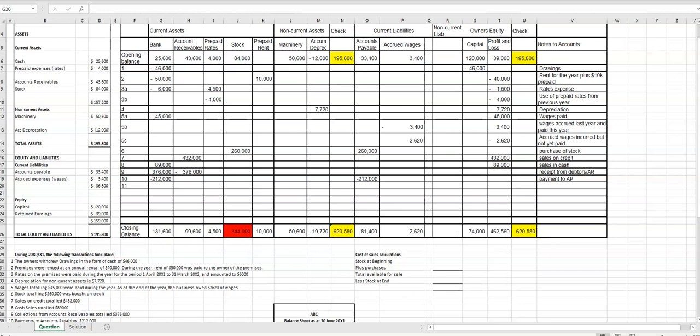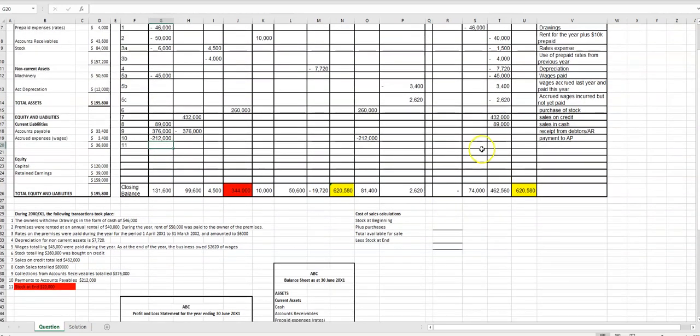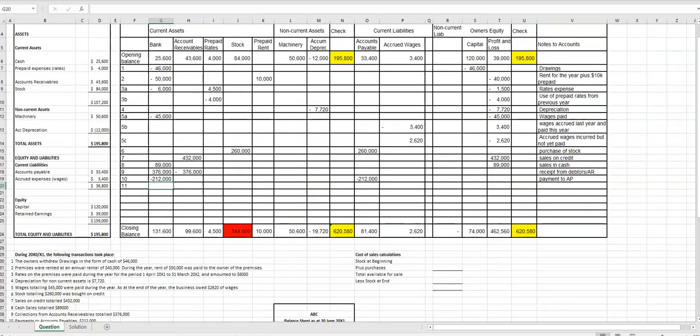Now we're told that stock at the end is $20,000. And let me just scroll up a fraction more, see if I can get it to fit in our screen. So we've got stock at end is $20,000. This requires us to do a little bit of calculations to work out what was the actual cost of those sales. So we start with the value of our stock at beginning.